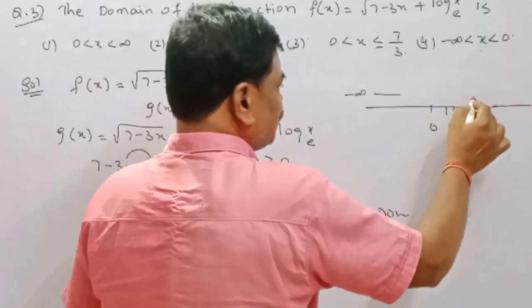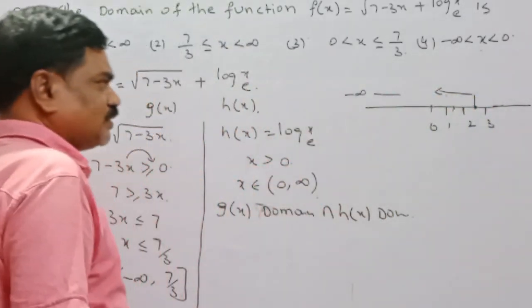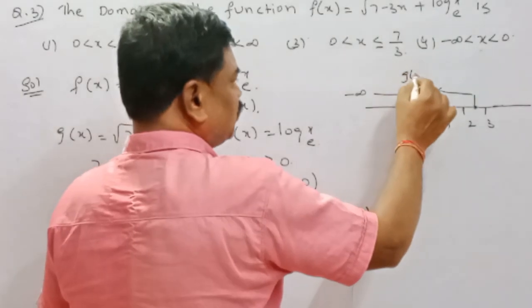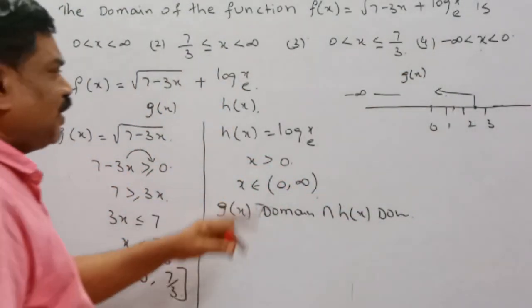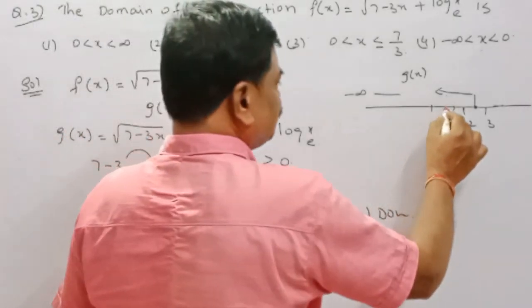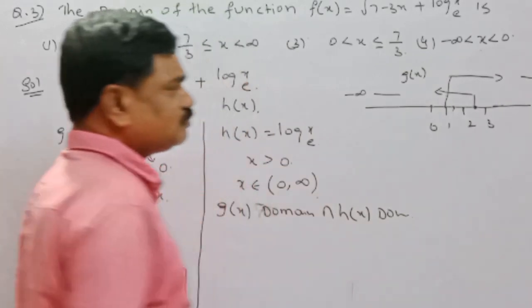This is 7 by 3 approximately. Okay, this is the first function g of x domain. And what is the h of x domain? 0 to infinity.